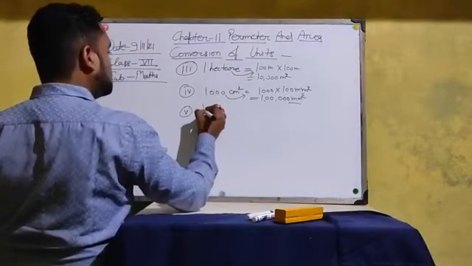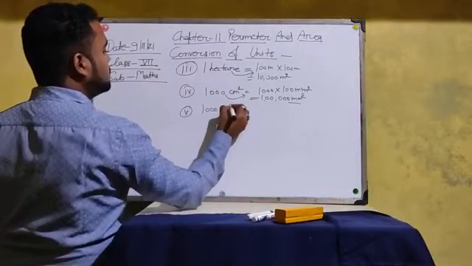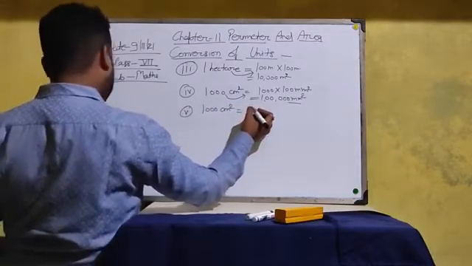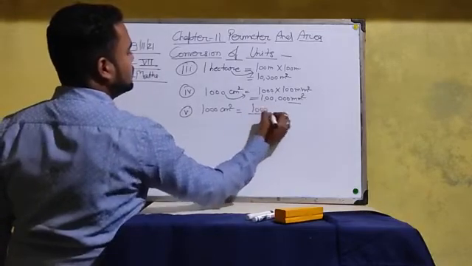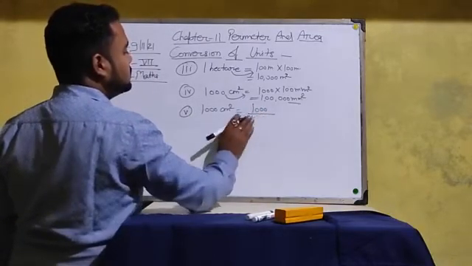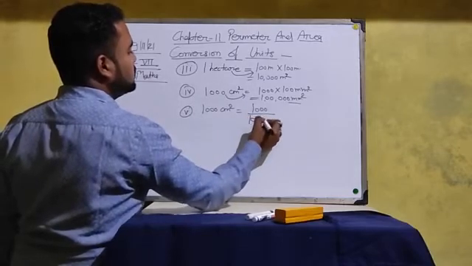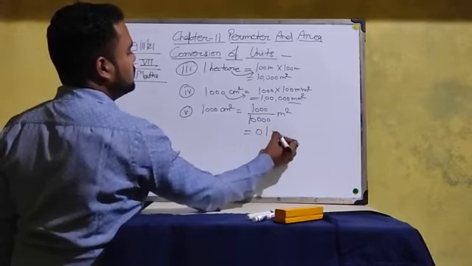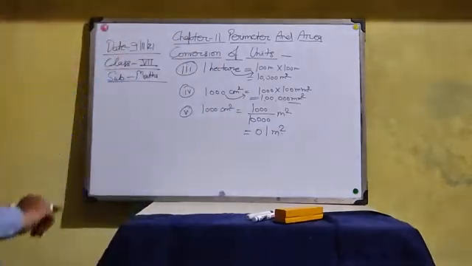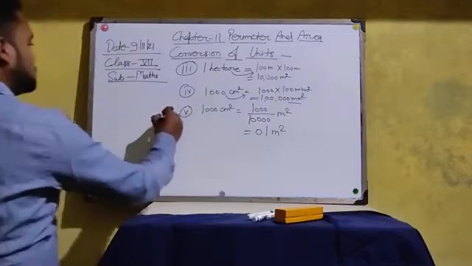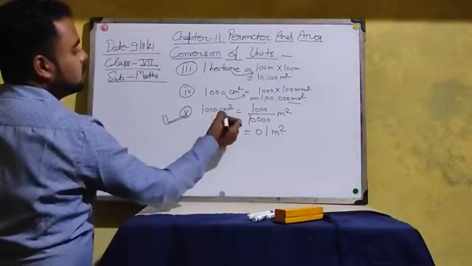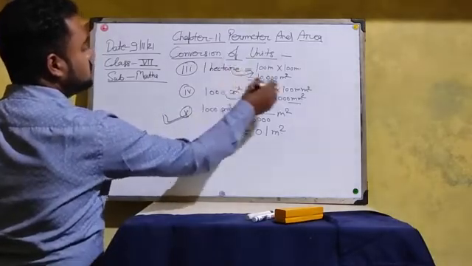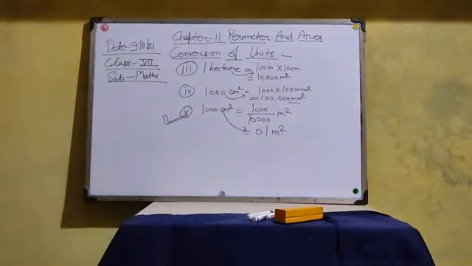Now 1000 centimeter square will be equal to, if we calculate centimeter square to meter square, 1000 upon 10,000 meter square, which equals 0.1 meter square. Note it down. This is the conversion of smaller to larger unit, and this is the conversion of larger to smaller unit.